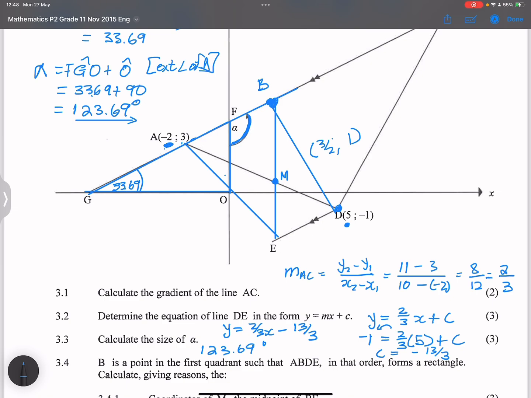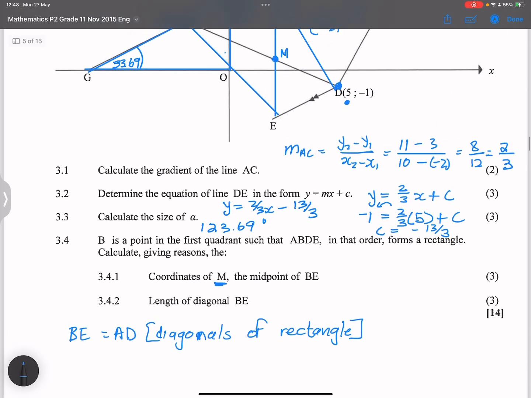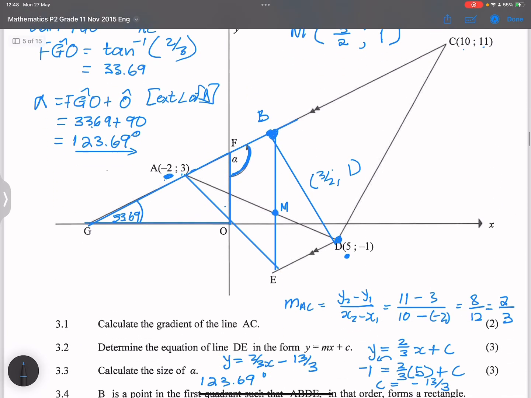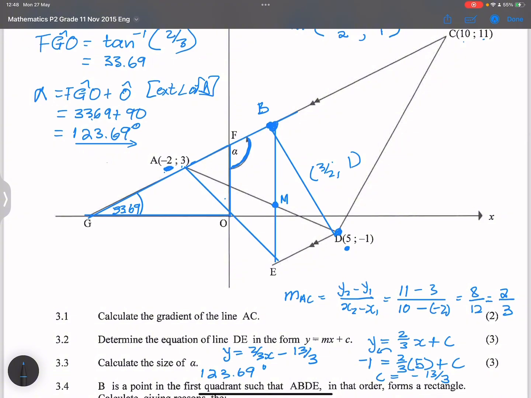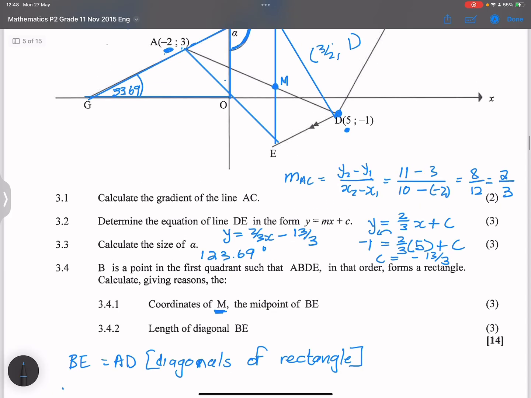We can say that these are the diagonals of a rectangle. Now let's do this. Let's find AD.